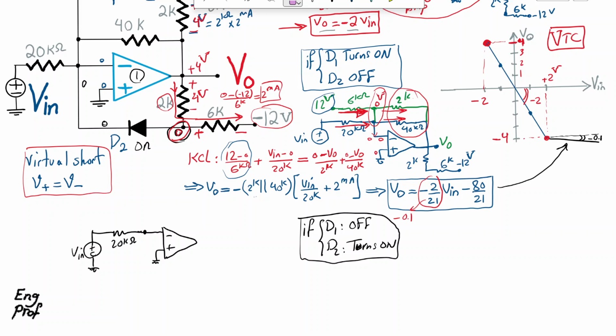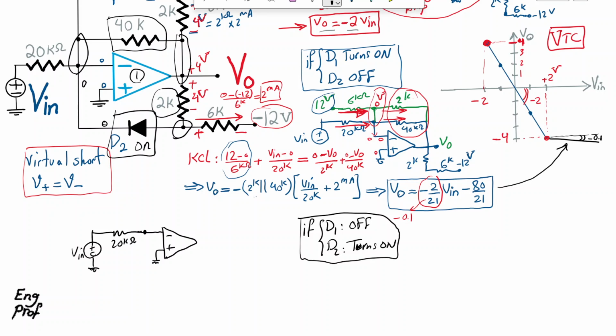As you can see, if this diode D2 turns on, it will result in having this 2K resistor appearing in parallel with 40K, because on one side they have a common node and the other side will get connected when D2 turns on.